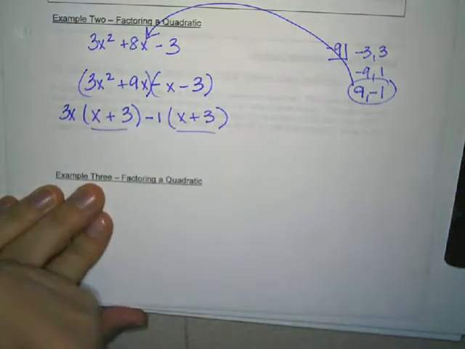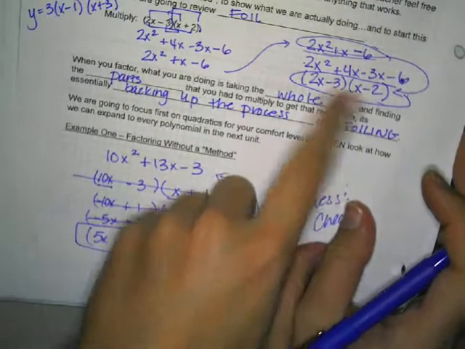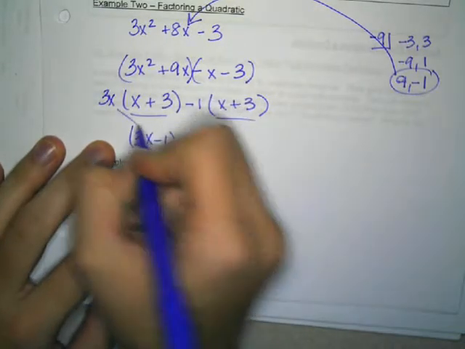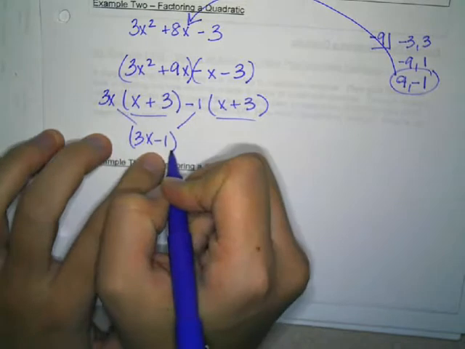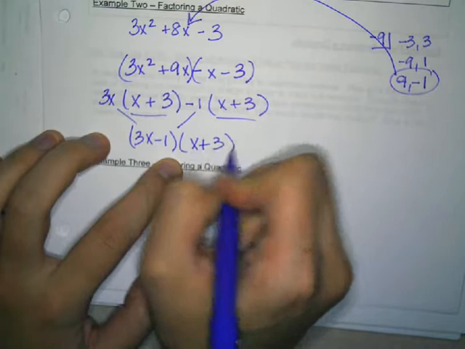Because your final answer should only be two binomials, right? Two parentheses multiplied together. Your first parenthesis is going to be your greatest common factors that you pulled out, put into one parenthesis. And you're just going to write the repeated parenthesis once.